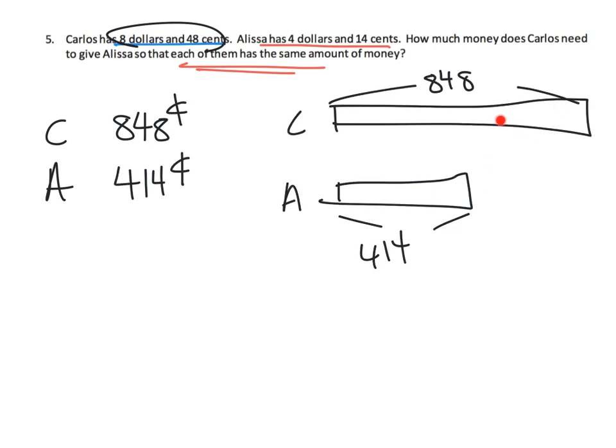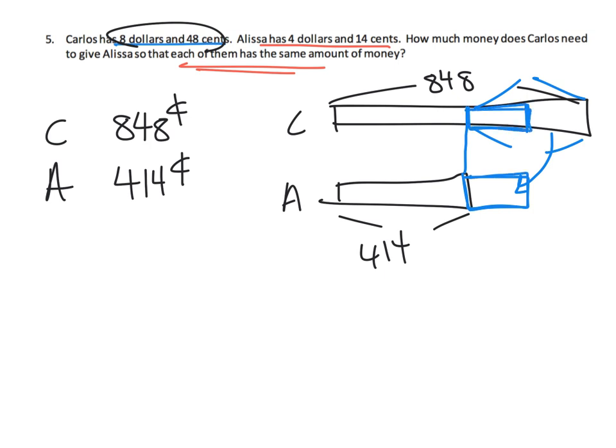What we need to do is think about, okay, Carlos has to give some of his money to Alyssa so that they have an equal amount. So the idea is the difference here, and then Carlos is going to give half of his money to Alyssa so that they're the same.